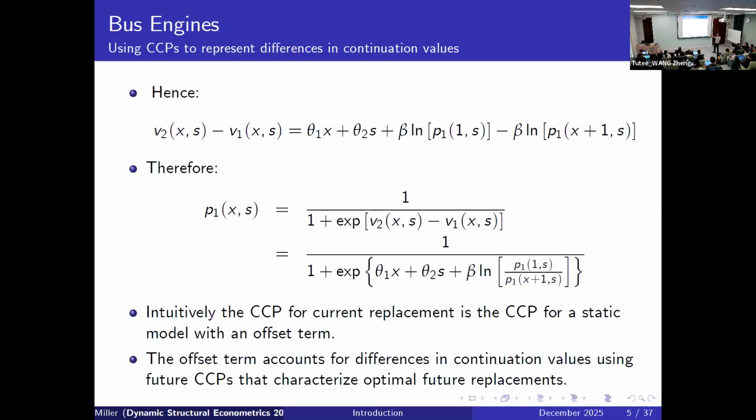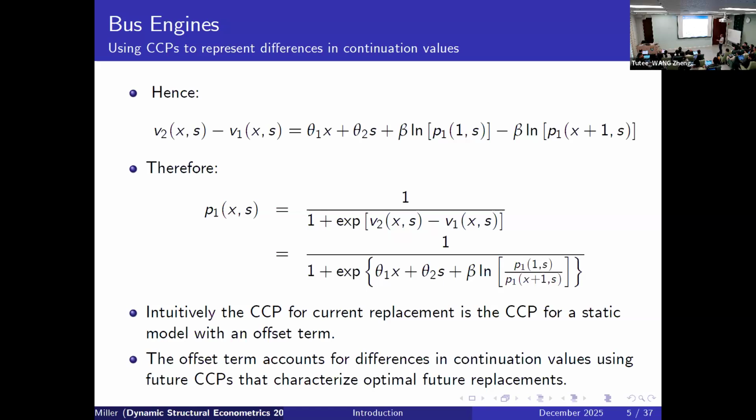So let's do the subtraction. And after all the hand waving, this is what you get, for the reasons that I just said. Now we can ask, how do these probabilities work out?